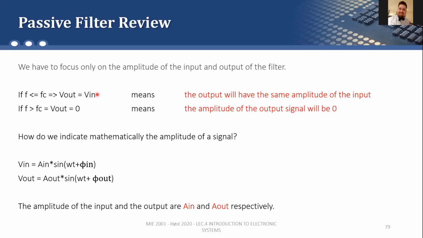This means that the output signal is equal to the input signal, which means that the amplitude of the output is equal to the amplitude of the input. Instead, if the frequency is larger than the cutoff frequency, the output is zero, so the amplitude of the output signal is zero. It's very simple to understand the behavior of a filter in terms of amplitude: the amplitude will be zero for f greater than fc, and equal to the amplitude of the input when f is smaller than fc.